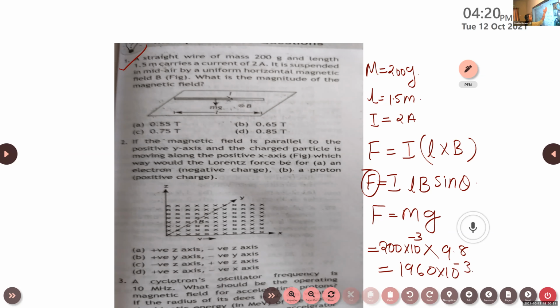Yes. Okay. So F is equal to 1960 into 10 raised to minus 3. So here we can rearrange the equation.